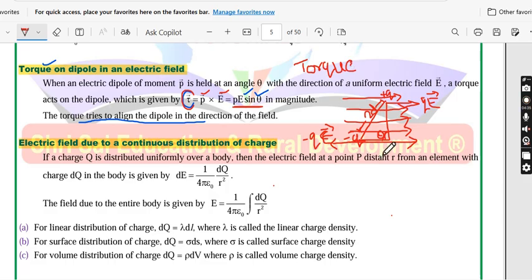See, consider the two charges plus Q and minus Q separated by a certain distance 2d and placed in a uniform electric field, making an angle theta. In the direction of electric field E bar, the force acting on plus Q is Q E bar and the force acting on minus Q is minus Q E bar.